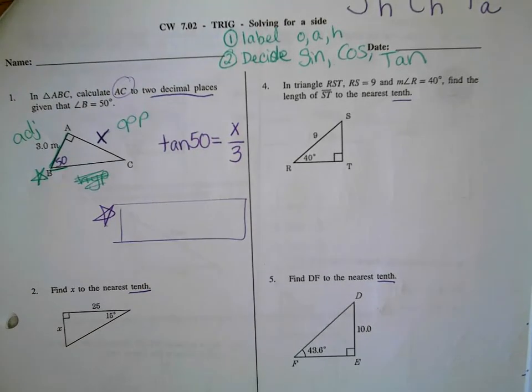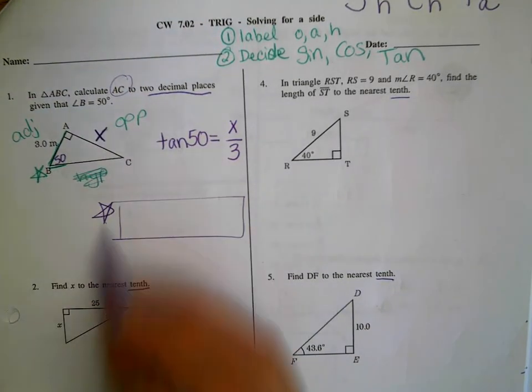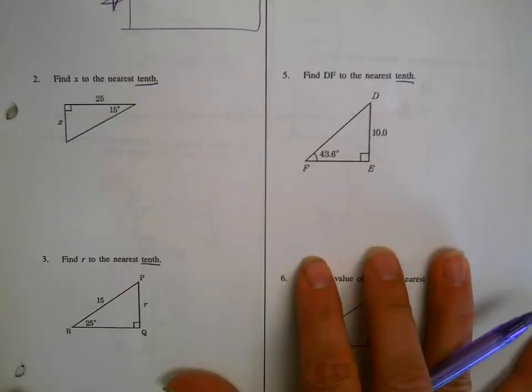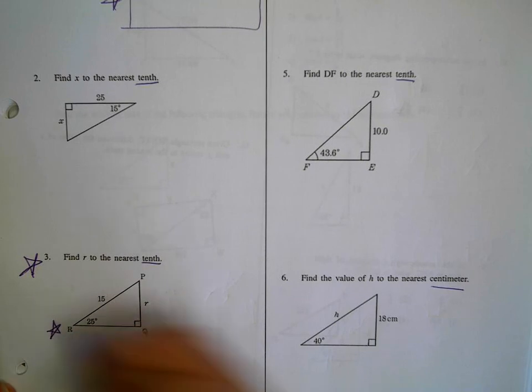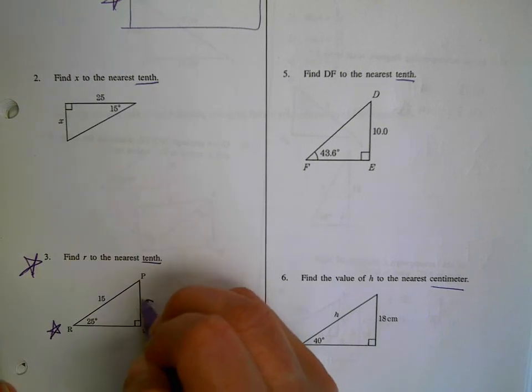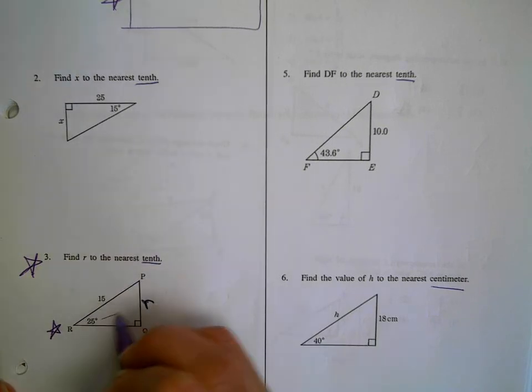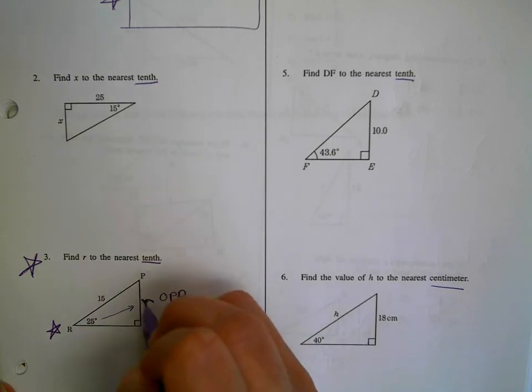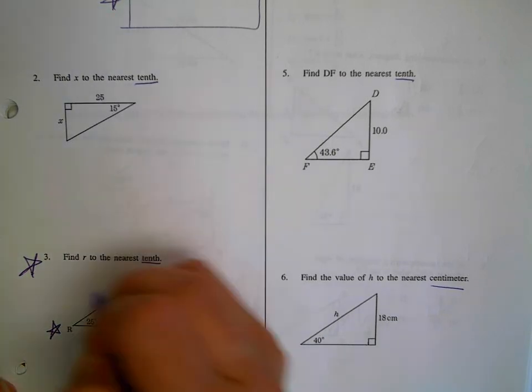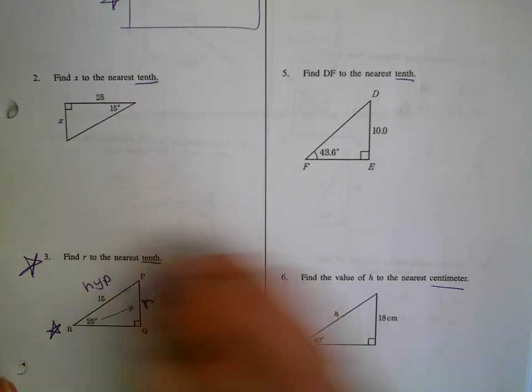Exercise 2 is very similar to exercise 1, so I'm not going to do that one with you. I'm just going to do a selected couple of these. I'm going to try number 3 with you. From that angle at R, we're looking for little r over here, which from that 25 degrees is your opposite side, r. And they do give you your hypotenuse.